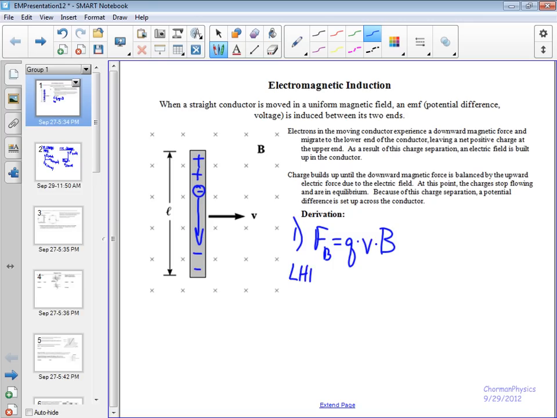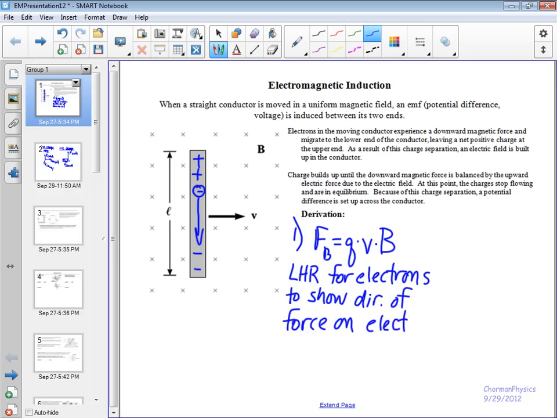When you get to that later in your scientific careers, you at least maybe have heard it before here. So we use the left-hand rule for electrons to show the direction of the force. We did that. Direction of force on the electrons. And what this does is that this creates an electric field.